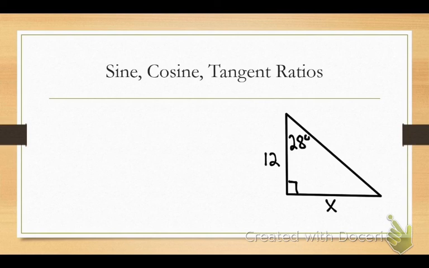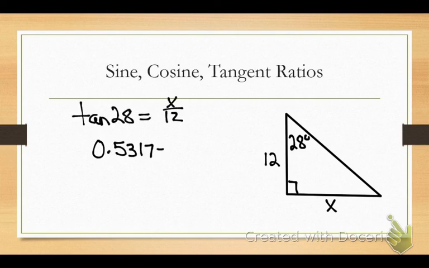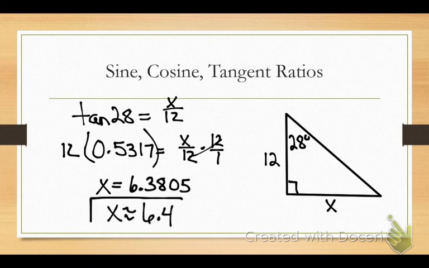Tangent. She said tangent. Is that what you guys got? Yeah, it's tangent. It's okay, be confident in your answers, right? Yes, it's tangent, opposite over adjacent. Tangent 28. Multiply both sides by 12 after you change to the decimal, and you get your answer, 6.4. Okay? All right, last question.